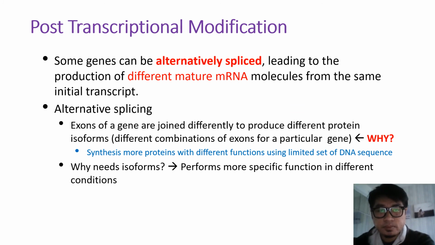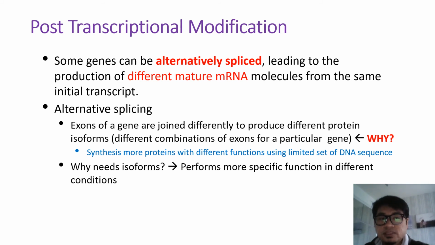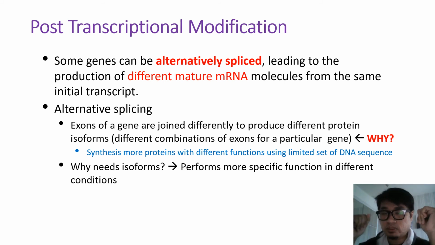The other PTM process, an alternative for the post-transcriptional modification, is alternative splicing. Some genes can be alternatively spliced, leading to the production of different mature mRNA molecules from the same initial transcript. Meaning that if they have one transcript that contains, like, 4 genes, maybe it can be spliced into 3 genes or 2 genes.